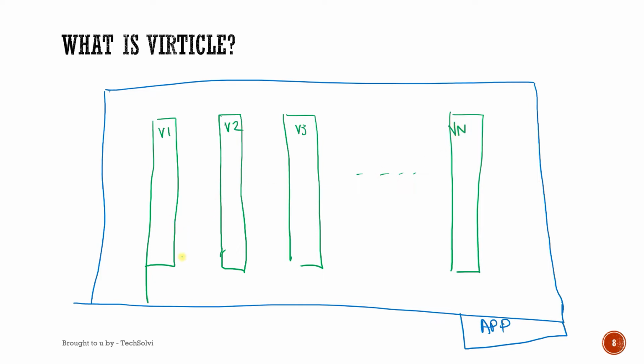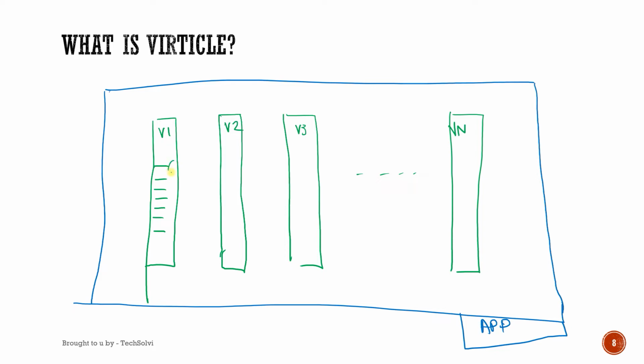Okay. Now each verticle is associated with something called an event loop. Now if you remember, I discussed in the reactive programming section, there is something called an event loop. So what is this event loop? This event loop basically takes the responsibility of running the tasks or events that you define within each verticle. You can define multiple tasks, which in turn are called events.